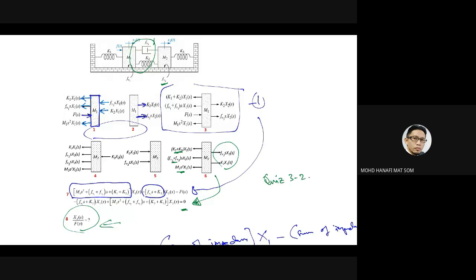Yeah, this is quiz 3.2. Find the transfer function X2 over F S using the Mason gain formula. Yeah, using the Mason gain formula, find the transfer function X2 over F S.